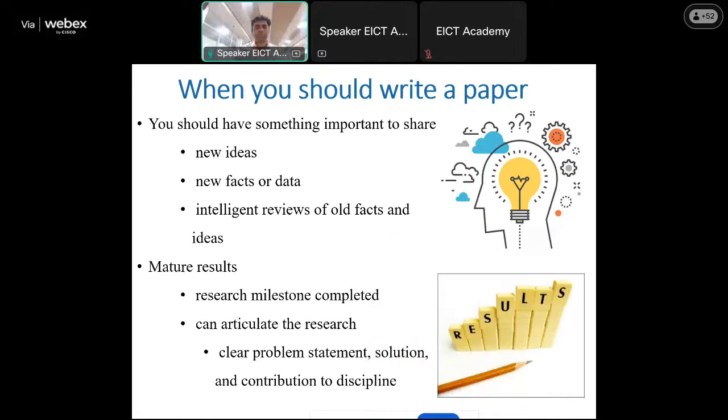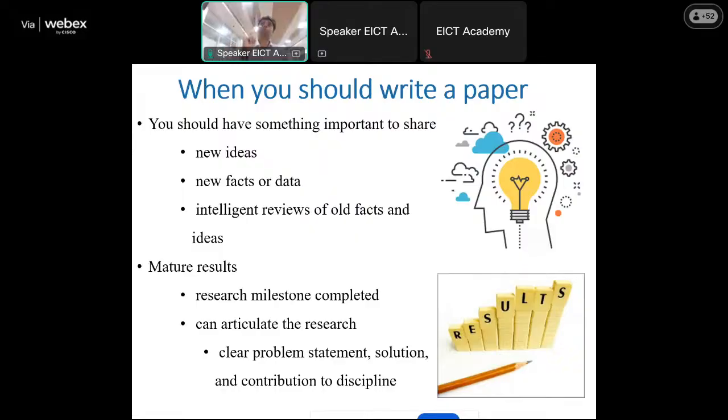Now, when should you write a paper? You should have something important to share in terms of a new idea, new facts, or, if it is a survey paper, an intelligent review of old facts or ideas. Then you should think about writing a paper.